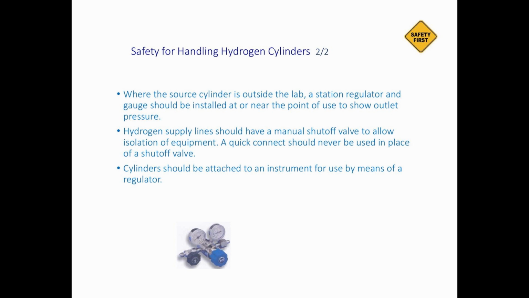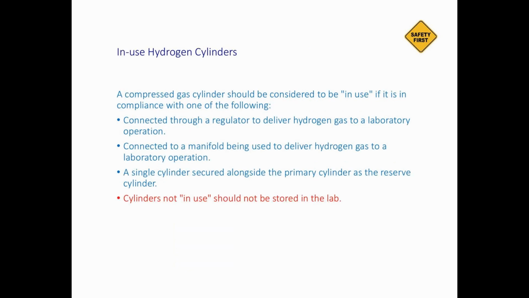Just in case you find a leak in the system, you should be able to shut off the hydrogen supply. The cylinder should be attached to an instrument or used by means of a regulator. You need to really look into your safety, evaluate your safety situation. Ask your regional lab manager, your operation manager, because it's not safe if you try to operate the hydrogen without a regulator.